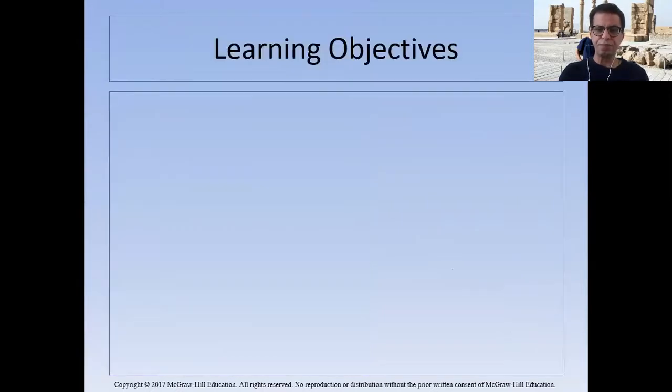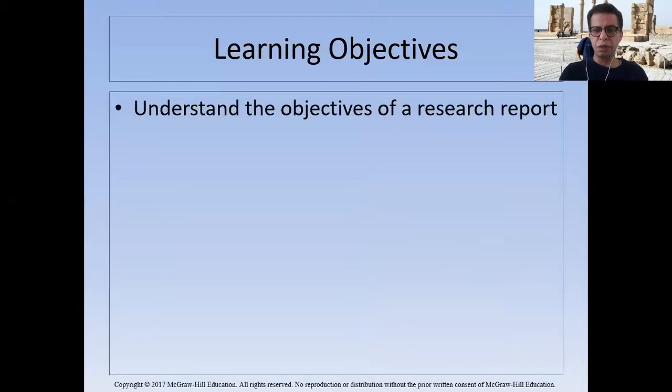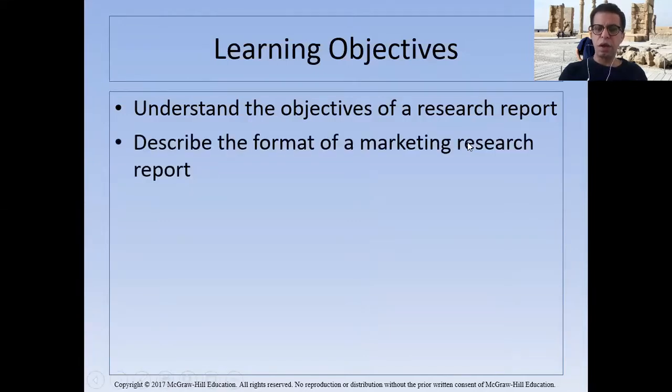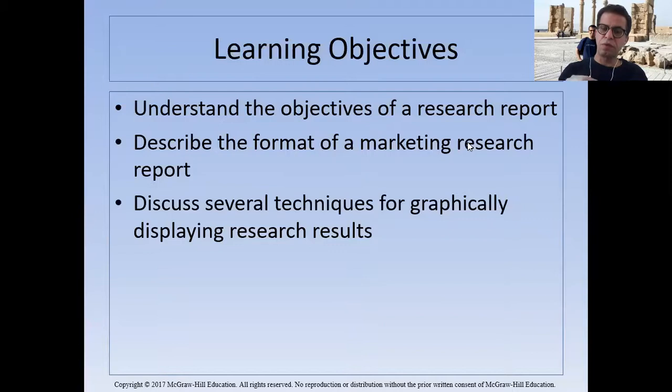going to present it. The objective of this chapter is to understand the objective of research, first of all, and the research report, and to describe the format of a marketing research report. We'll discuss several techniques, and graphically how we're going to display the research, because lots of people are visual.